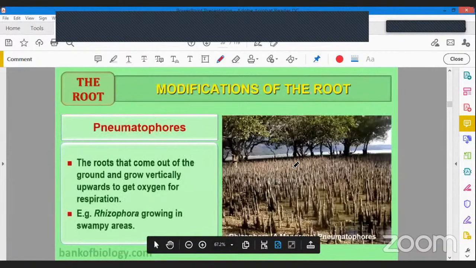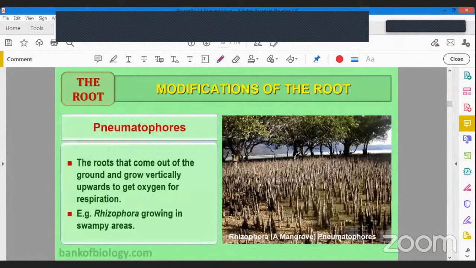Done. So we go to the next one, pneumatophores. What are pneumatophores? Pneumatophores are the roots that come out of the ground and grow vertically upwards. These soils are deficient in oxygen.